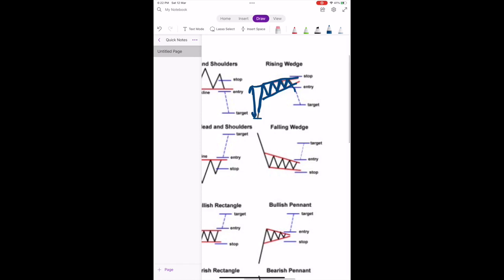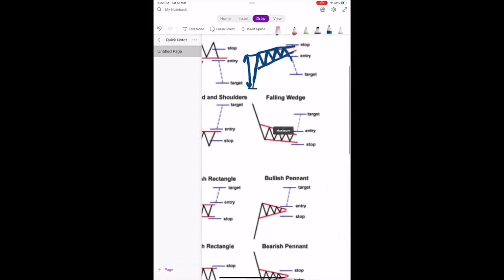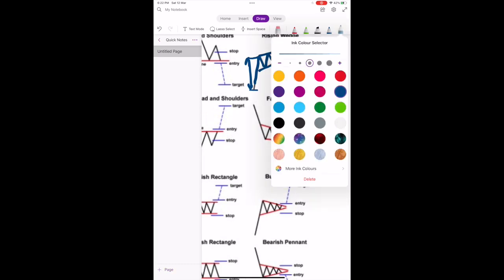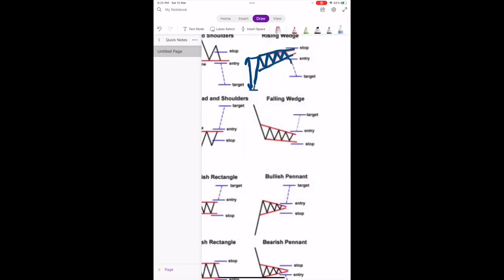And the same thing for the falling wedge. When the market falls, this chart pattern is formed like a wedge. In the last section, we'll be seeing the wave counts inside this, which give us an idea whether the wedge is coming to an end or not.